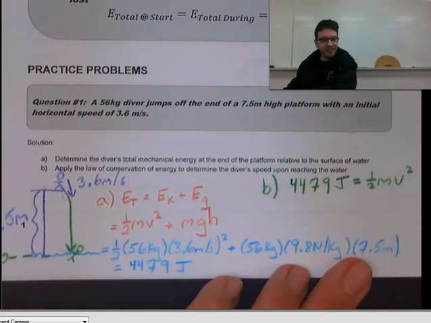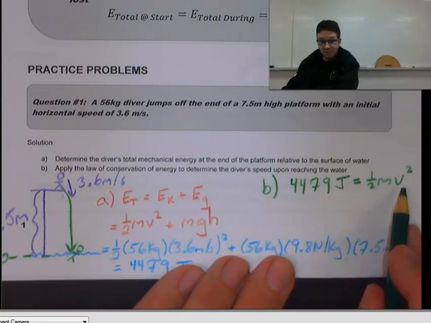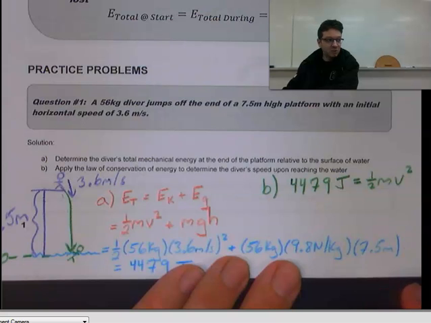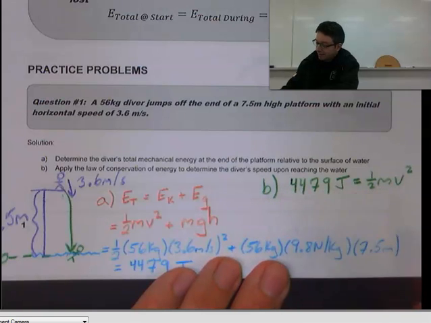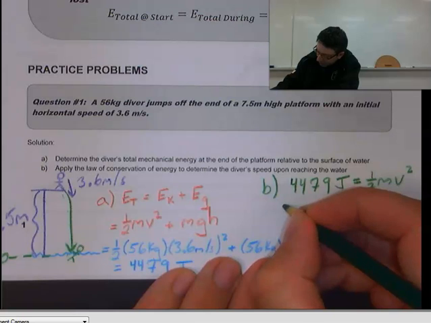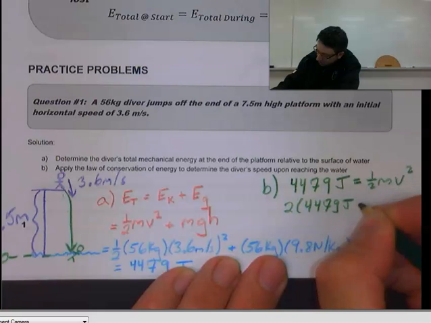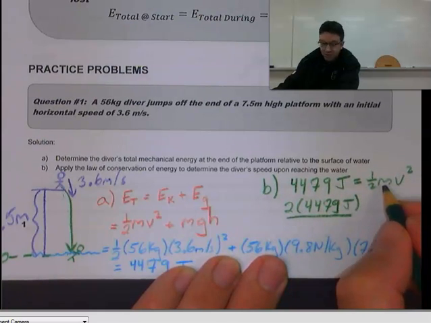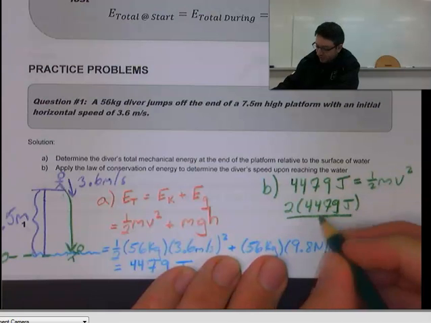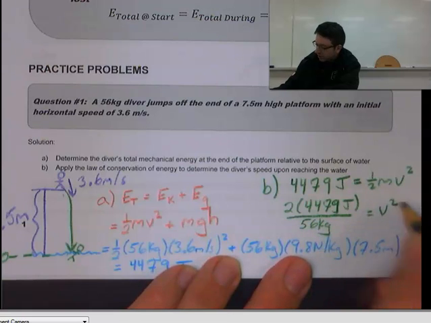With that concept in mind, we can figure out the speed of this person when they hit the water. We just need to rearrange the equation. If we multiply both sides by 2 and divide by the mass, which is 56, we get 2 times 4,479 joules, all divided by 56, equals v squared.